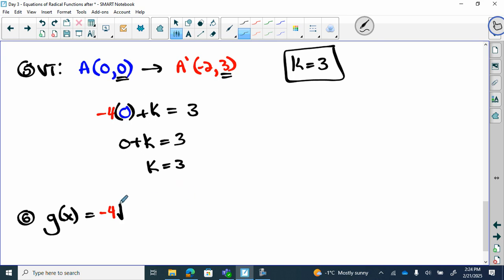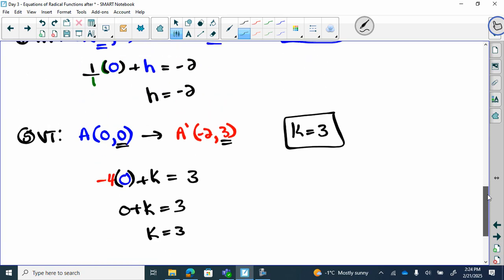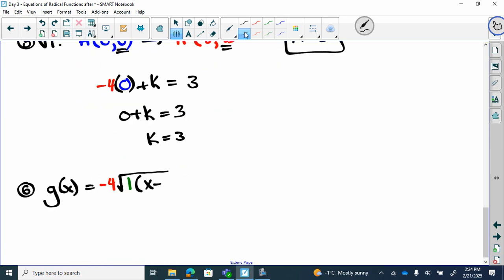I'm going to write a big square root curve. What comes inside the square root? My b value, 1. Then I'm going to open a bracket, and I'm going to write x minus, what goes in the bracket with the x? So I'm going to write x minus -2.